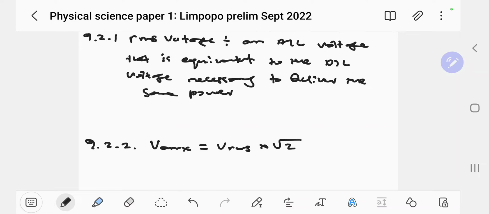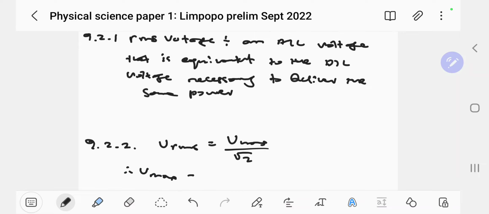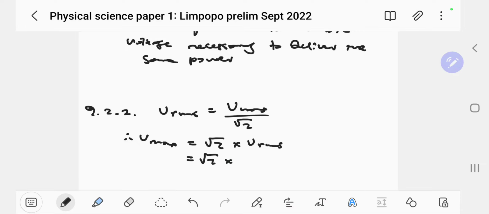So maybe let's do this. Let's just write it properly before we start doing gymnastics on it. So we know that VRMS is going to be Vmax over the square root of 2. So therefore Vmax this time is going to be the square root of 2 multiplied by VRMS.